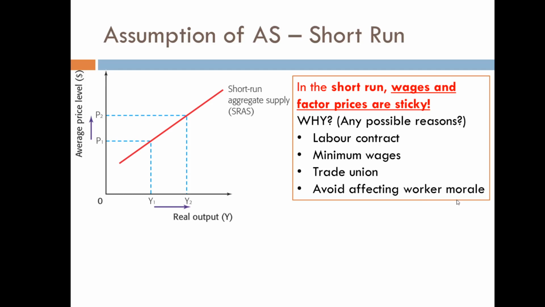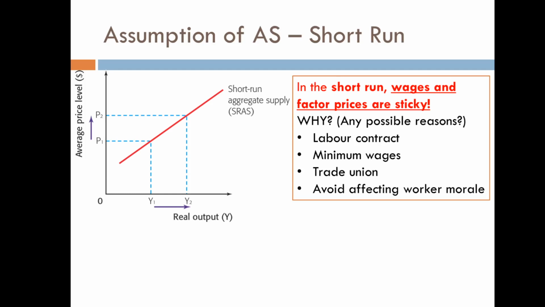So the worker morale might be affected because of that. So there are so many reasons to explain why in the short run, in a very short period of time, wages and factor prices are always sticky.